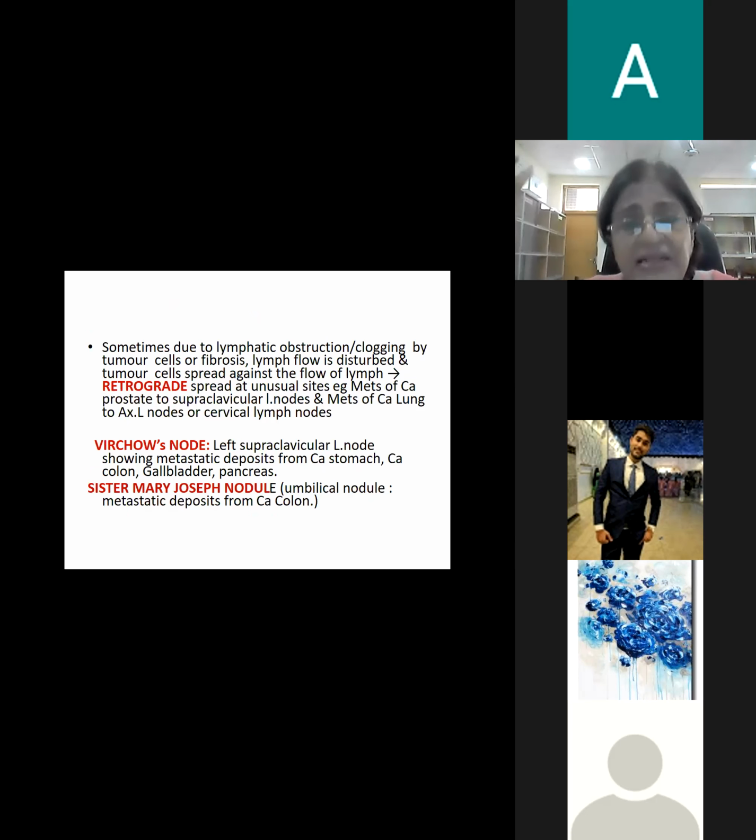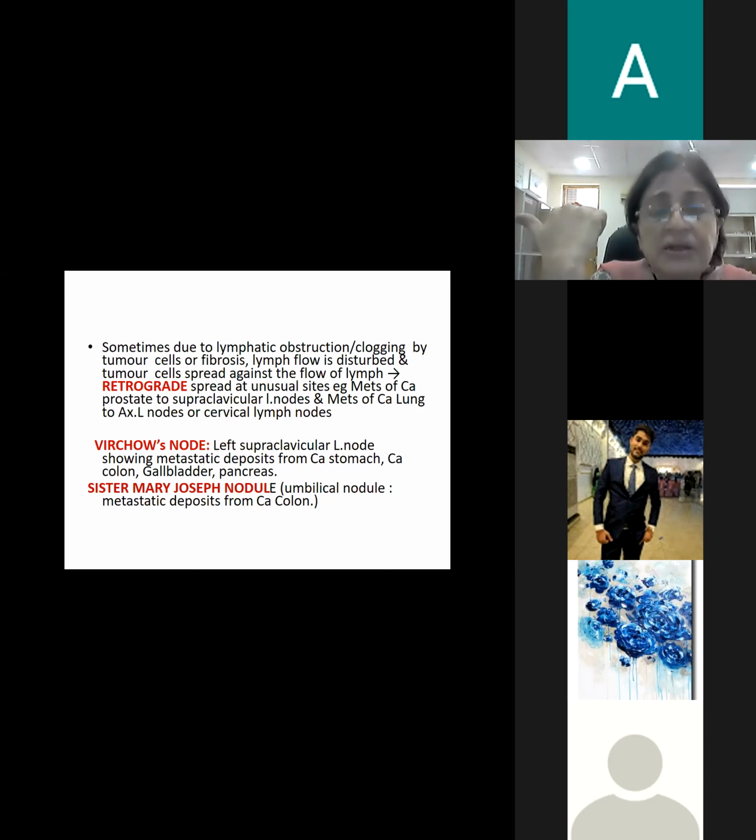So in those cases, metastatic deposits of certain cancers go to unusual sites. For example, cancer of the prostate. The prostate is located down in the pelvic cavity, yet its metastatic deposits go to the supraclavicular lymph nodes, the lymph nodes of the neck.